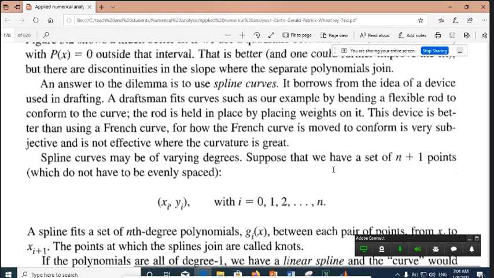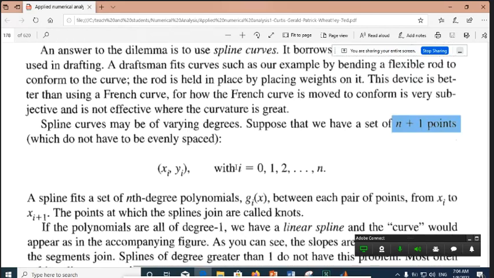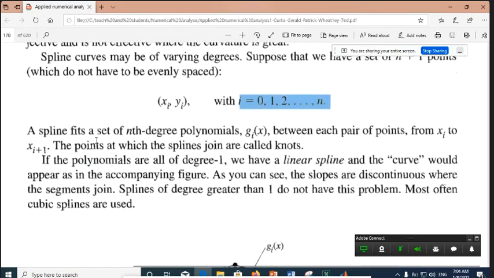Suppose that we have a set of n+1 points (x_i, y_i), with indexes 0, 1, 2 until n. A spline fits a set of n polynomials. We have a set of polynomials, not just one polynomial.